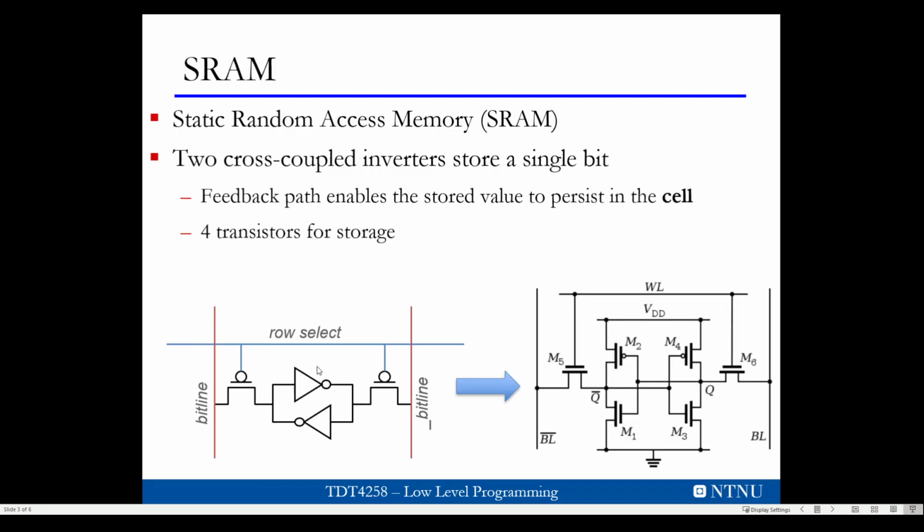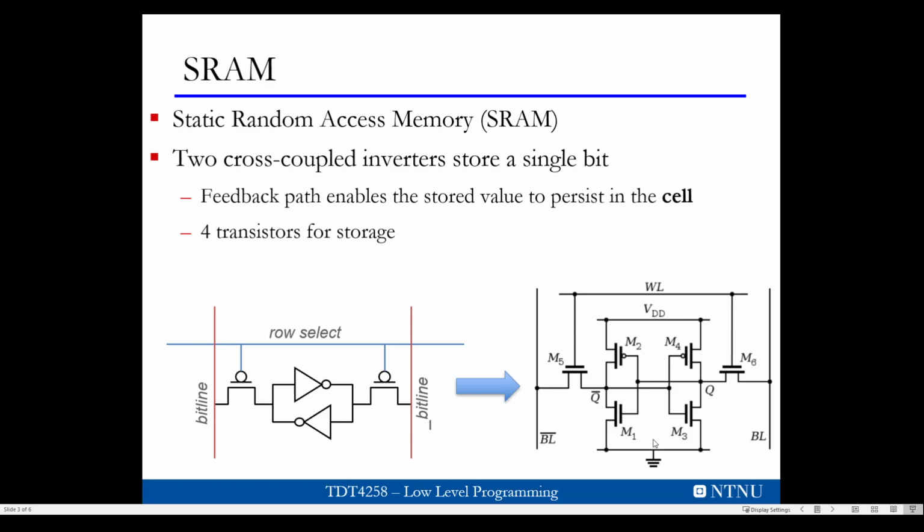Now to store this value, in terms of the number of transistors required, we need 4 transistors. We need 2 transistors to make one inverter and the other 2 transistors to make the second inverter. Again, the cross-coupled connection is also shown here. So this is the output of this inverter, and this output is connected to the input of the second inverter, and then the output of the second inverter is connected to the input of the first inverter.